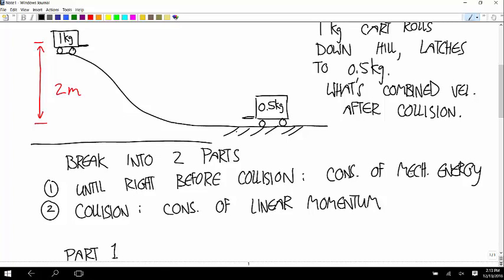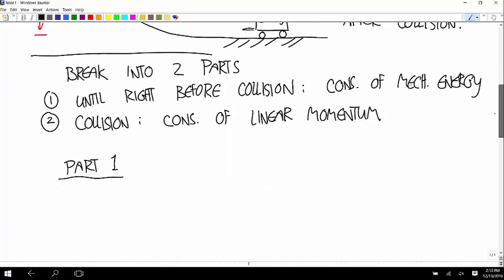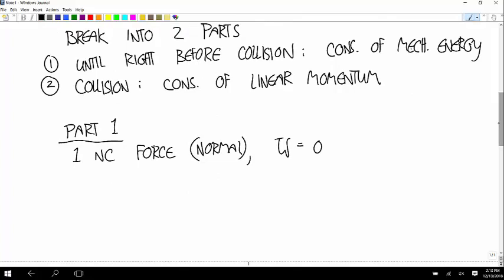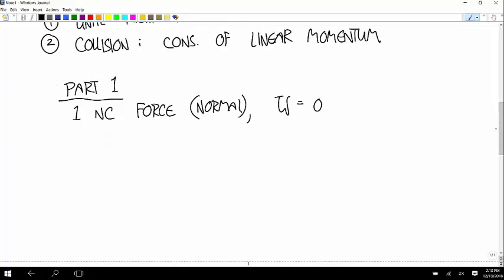So that's fine. There's one non-conservative force, the normal force, but the work is 0 for that one. So conservation of mechanical energy works for this.